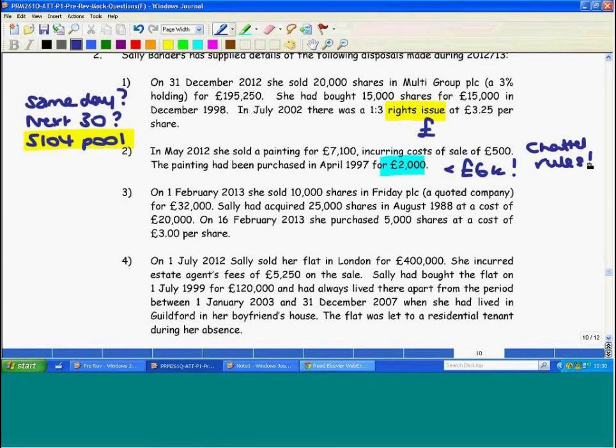Now, something else to consider, and I did actually say in the first part 2 things, and I only talked about one, is the relief. Now, a lot of people, when they see shares and they see that they're quoted or they're unquoted or we're given shareholdings, will think about entrepreneur's relief. Now, entrepreneur's relief isn't something to consider for paper 1. So for those of you that are studying paper 2, don't consider entrepreneur's relief for paper 1.